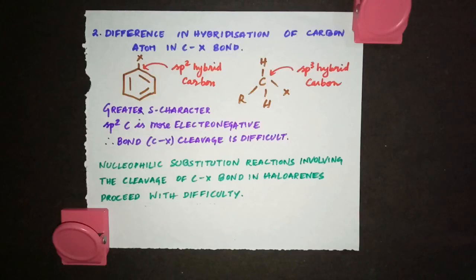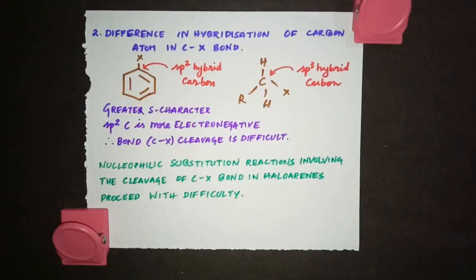And when we started talking about the reasons, I listed four reasons. One reason is instability of the phenyl cation. When we talked about the SN1 mechanism, the mechanism proceeds through the formation of a carbocation. So if this is undergoing reaction through the SN1 mechanism, this X should go out and you should get a phenyl carbocation where you get a plus charge. That phenyl carbocation is very unstable.